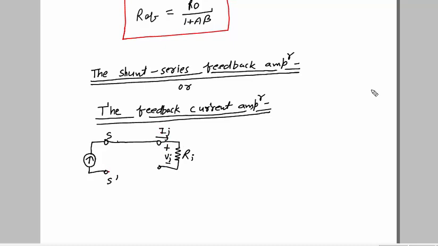From this side we have a shunt connection for the feedback. The output side also will be a current, so we have a current source of value AII.